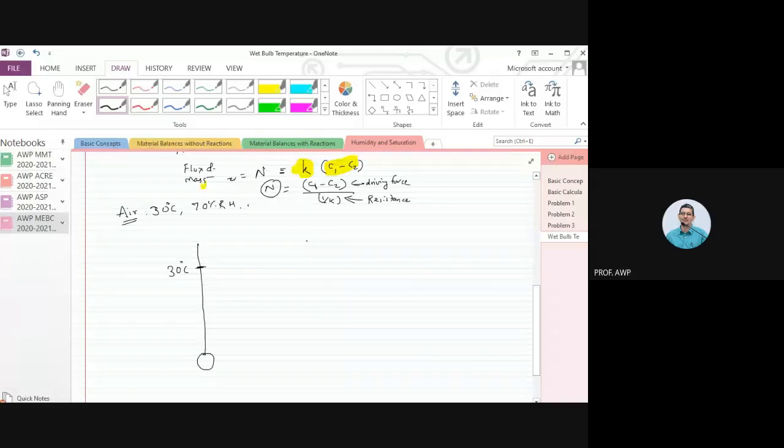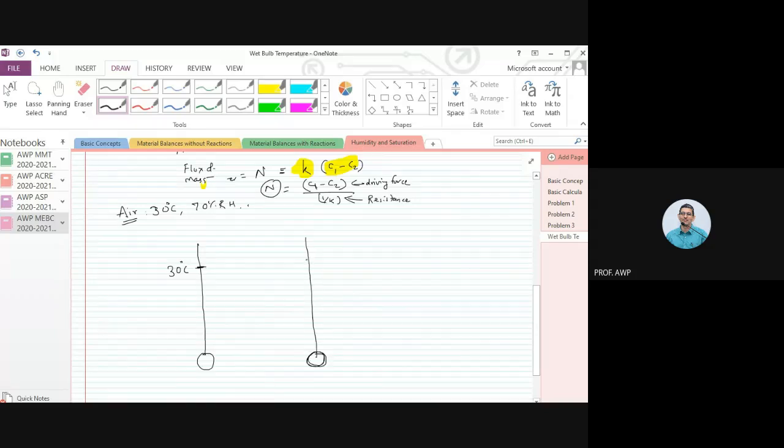Now I take another thermometer. Obviously, that will also read 30 degrees centigrade. But now I am going to do a certain thing to this second thermometer.